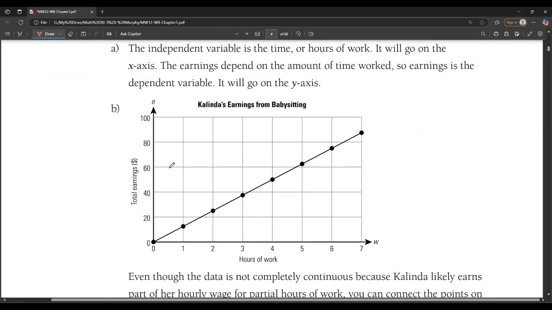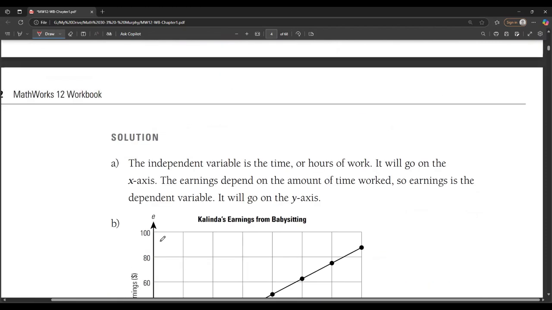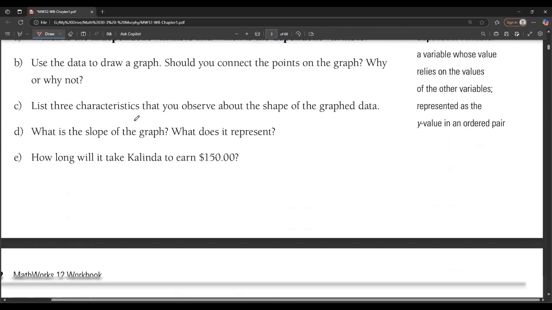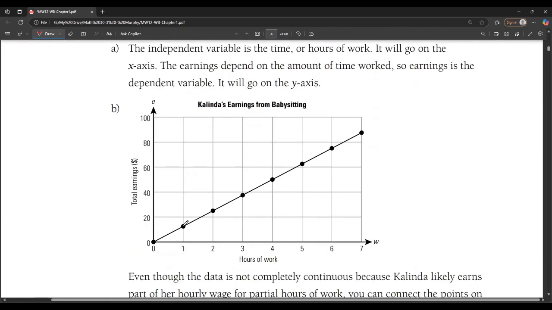So if we go back to this table here, we started at 0 and 0, right? 0 hours, 0 earnings. And then we go to 1 hour, and we went up to $12.50. Okay, so that's about $12.50 there. 2 hours, 25. Right? And then you plot all your earnings and hours worked. And then connect it with the line.